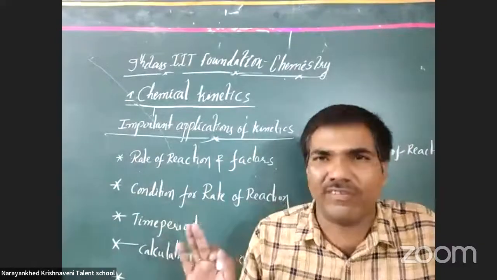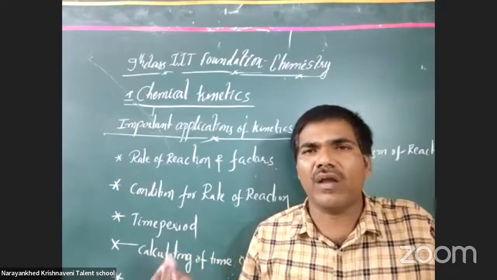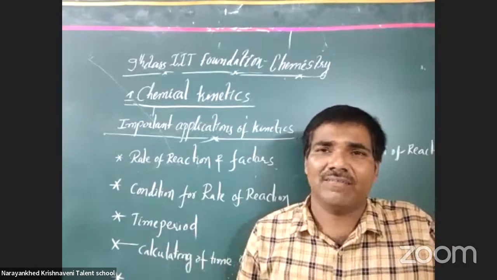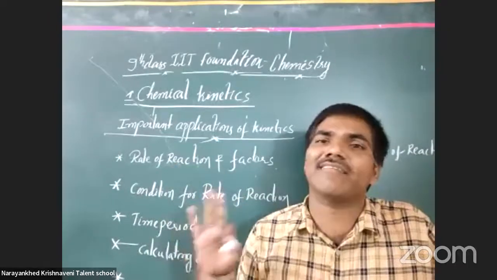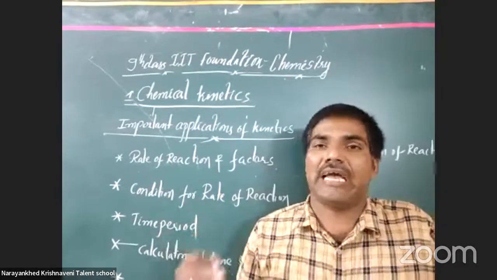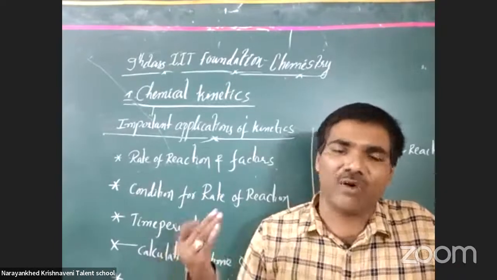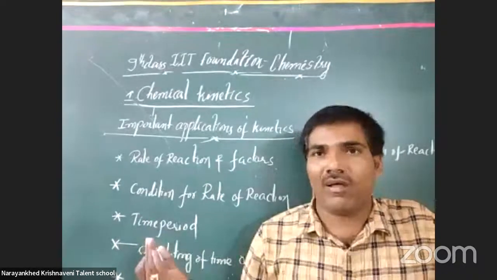It is the same as in physics. Suppose you take acceleration. It is called what? Rate of change of velocity is called acceleration. In chemistry also, in chemical reactions, how the changes come with time. Clear or not, all the students?